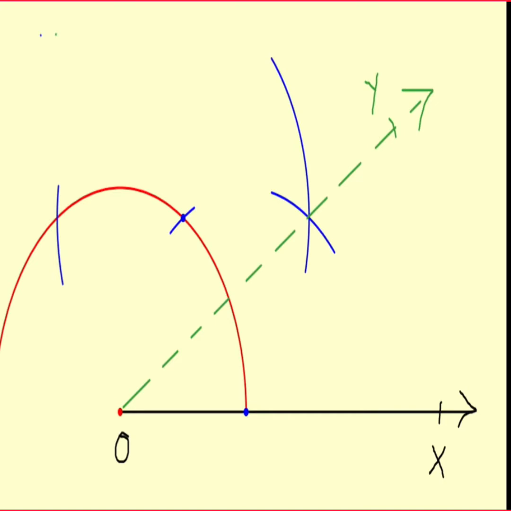Angle XOY is 30 degree and intersection point of the semicircle to this ray OY is C.